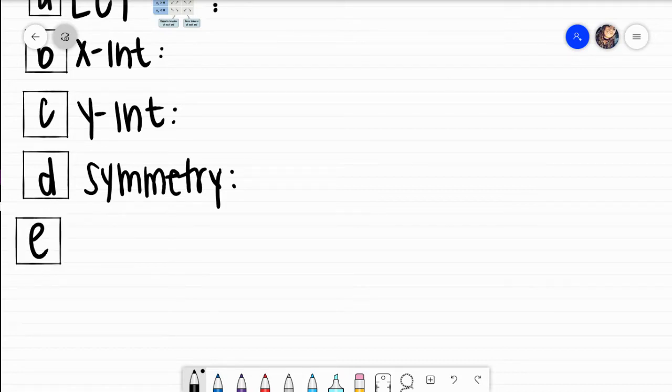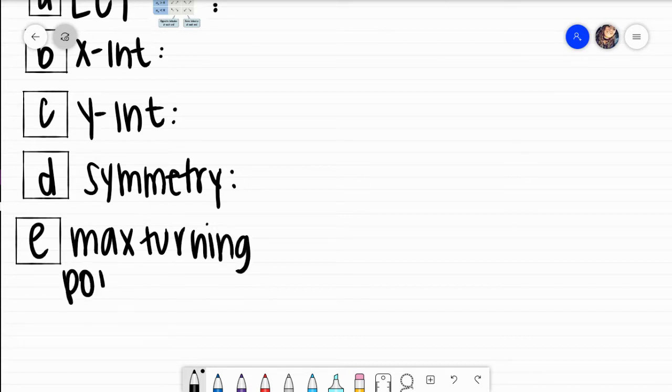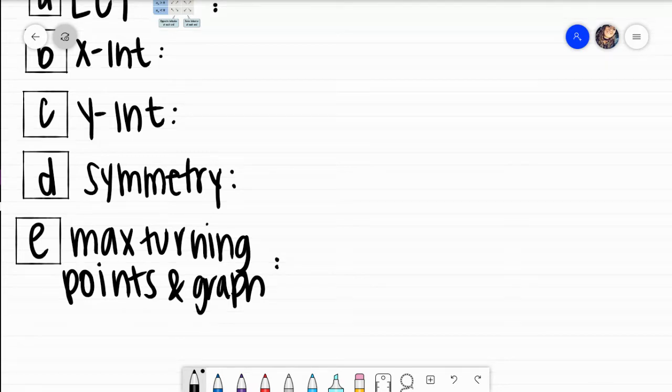For our E part, we would determine the max turning points, and we would graph our function. The max turning points is you taking your degree and subtracting 1.